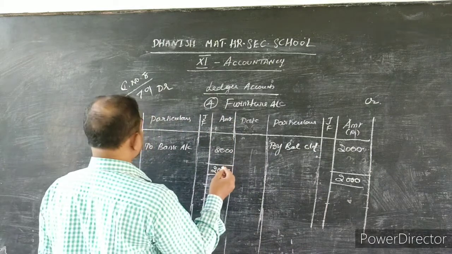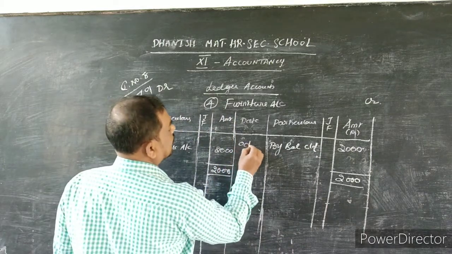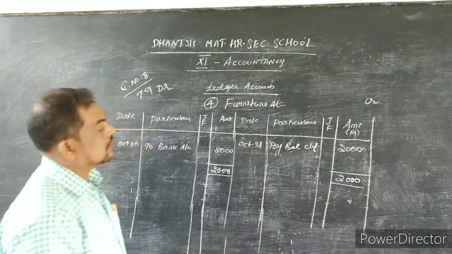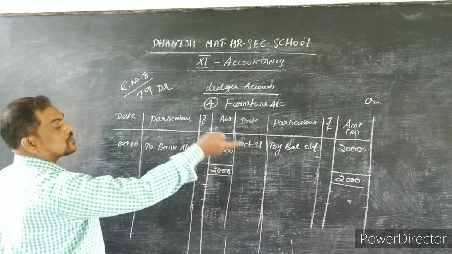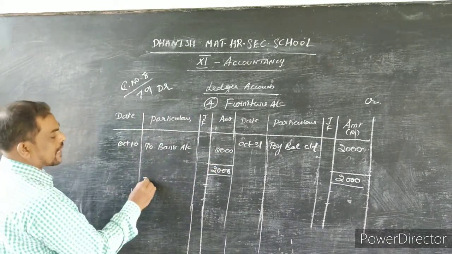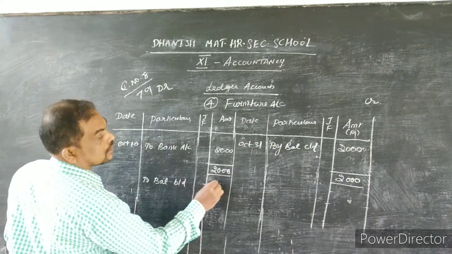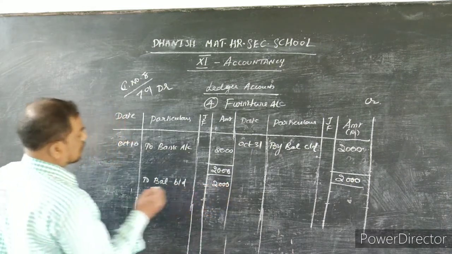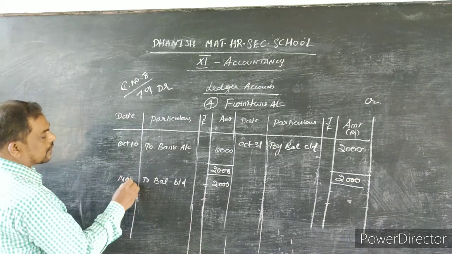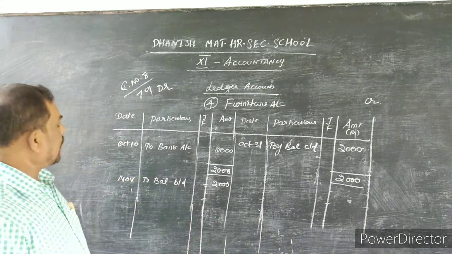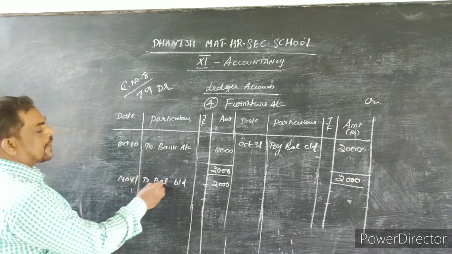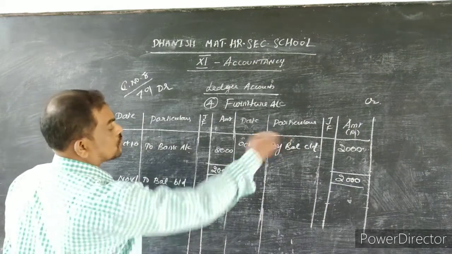What is the date? October 31st. The same closing balance will come in the opening balance as to balance brought down, 2,000, on November 1.